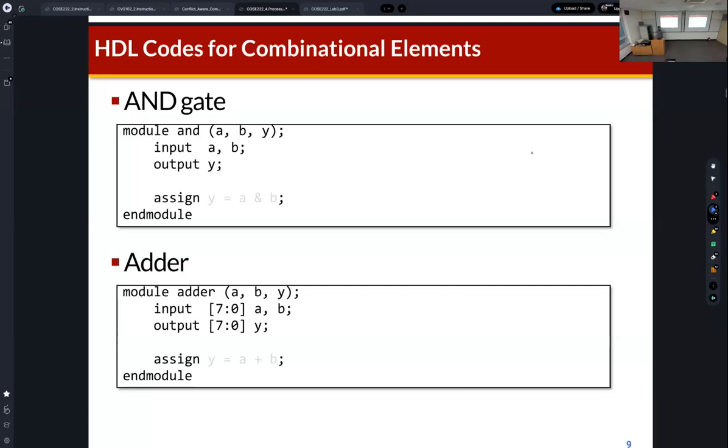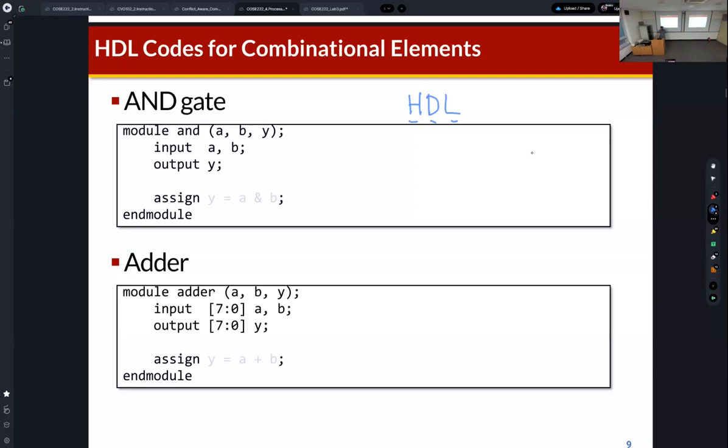You need to design a simple combinational logic, actually a very simple logic gate, using SystemVerilog. SystemVerilog is a hardware description language. It's called HDL, hardware description language.